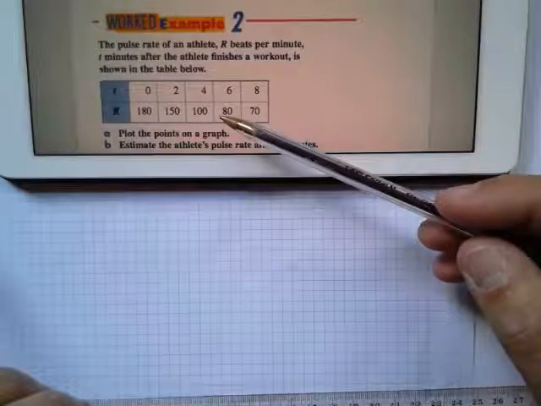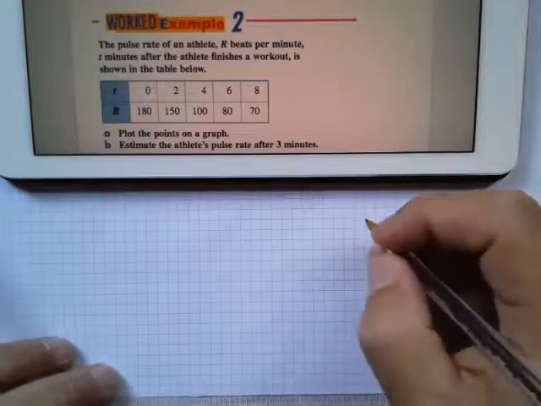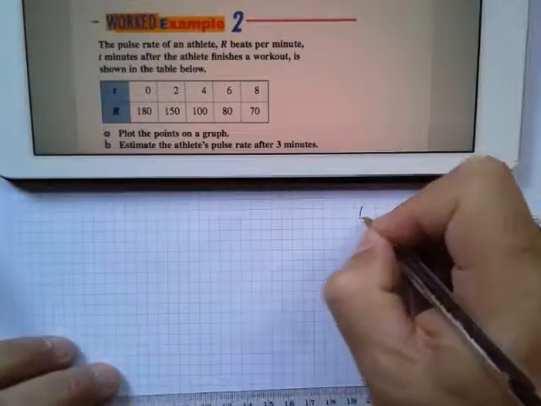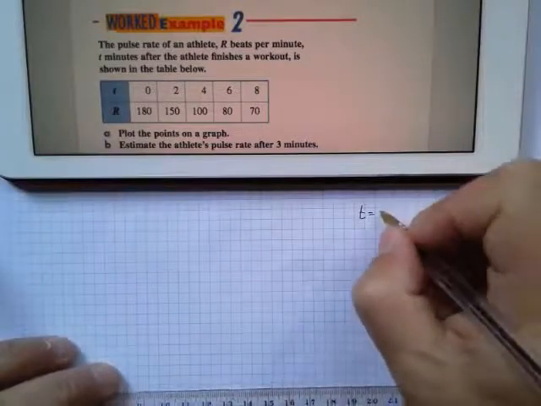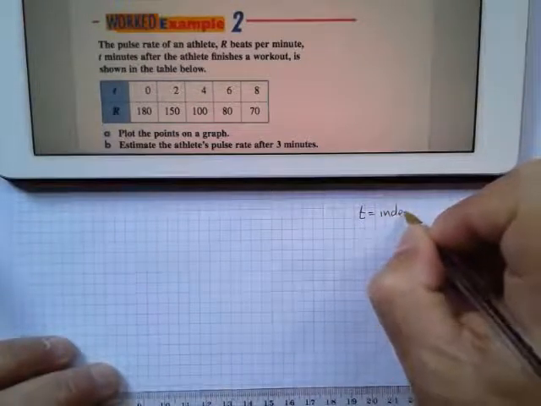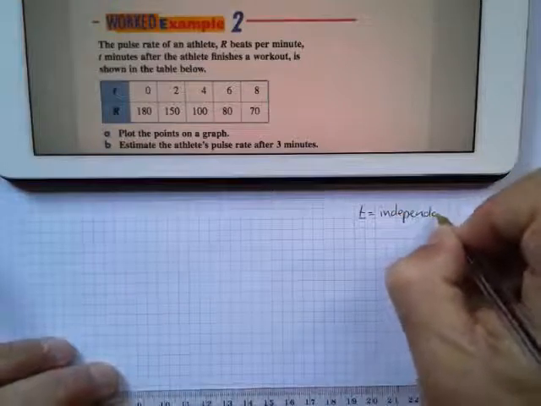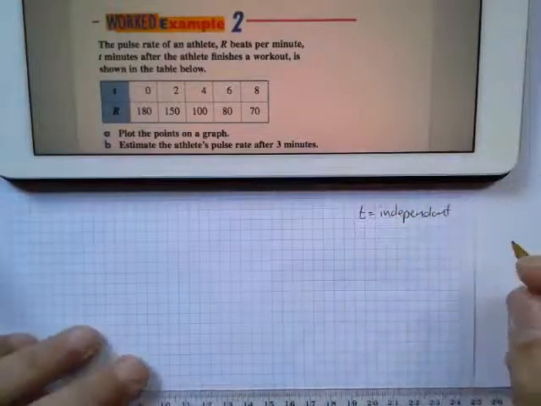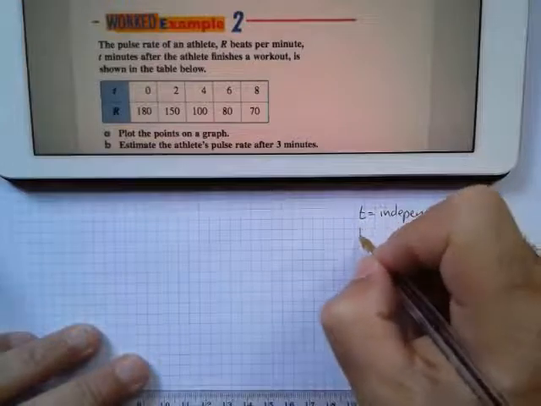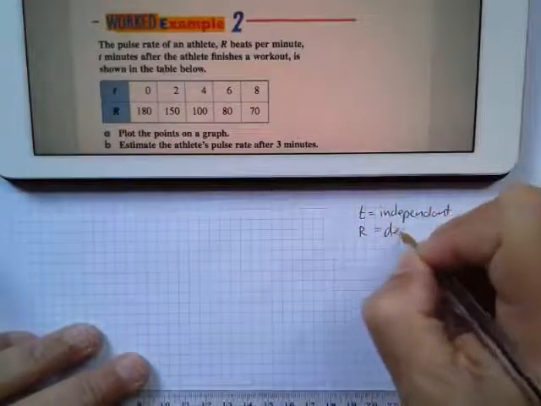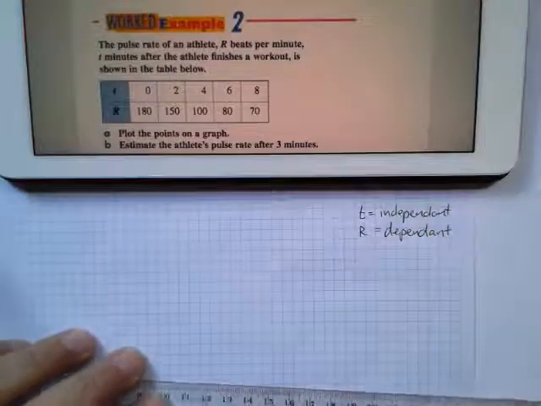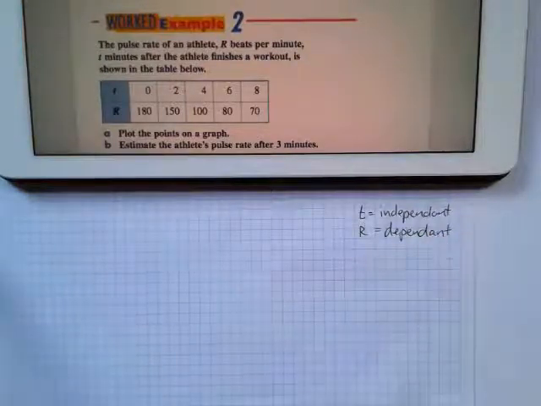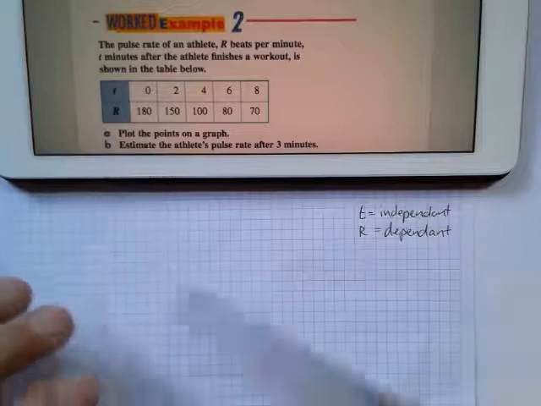So in this case, my time, and usually time is the independent value, and R is the dependent value. I know you can't read that, that's all right.